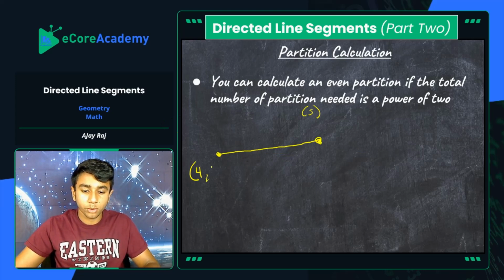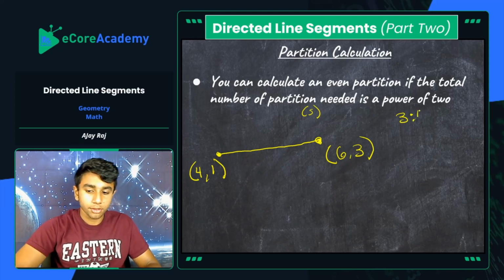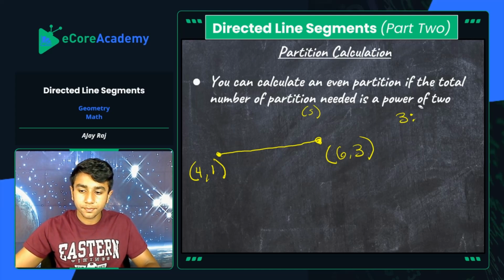So let's say that this is 4, 1, and that this point over here is 6, 3. What we're trying to do here is, say for example, I want a partition in the form of 3 to 1. I apologize, 3 to 1.